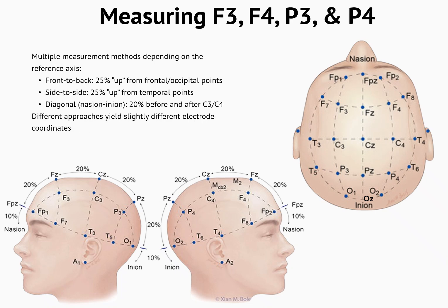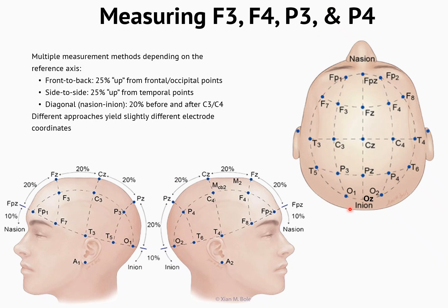Okay, so for measuring F3, F4, P3, and P4, there are 3 accepted measurement approaches, and each is based on the same proportional logic, but along different axes. In the front-to-back method, we measure from FP1 or FP2 to O1 or O2 respectively, and F3 and F4 lie 25% of that distance back from the front.